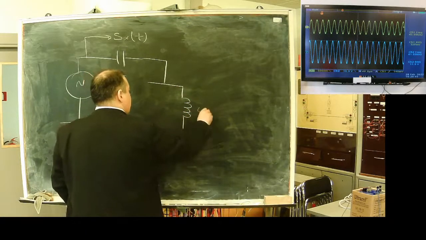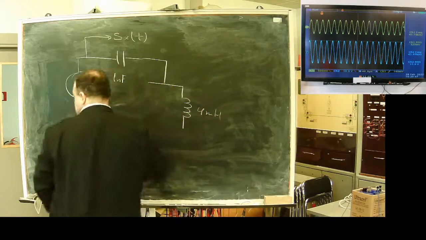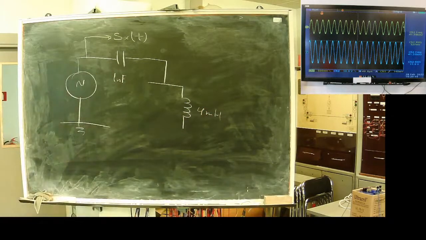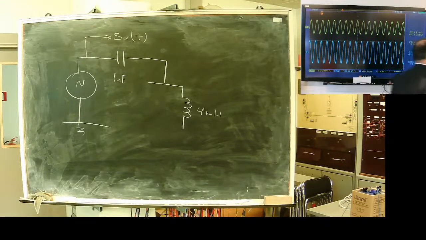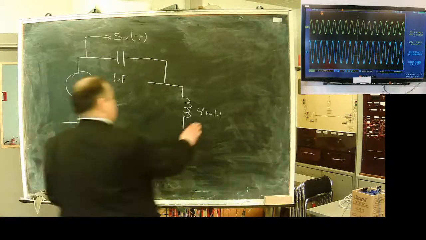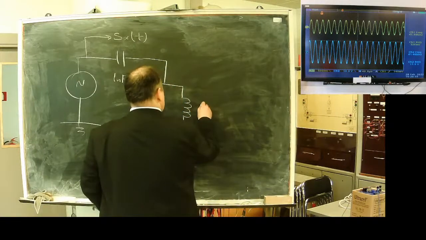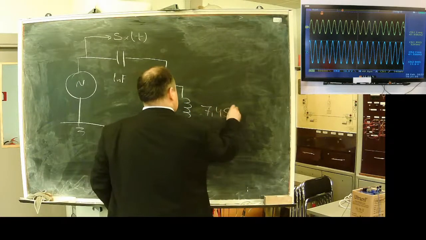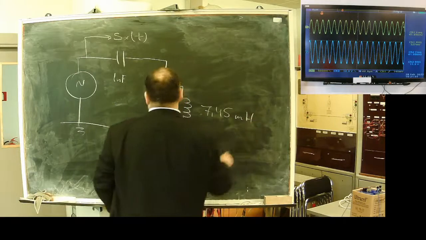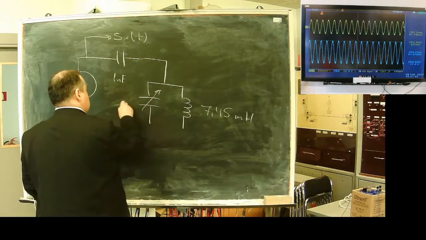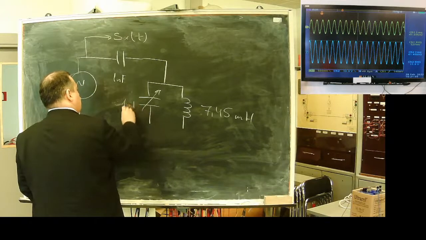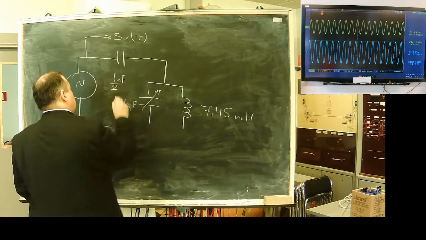Coil of 7 millihenries. I took another coil, and a variable condenser of 1 nanofarad.